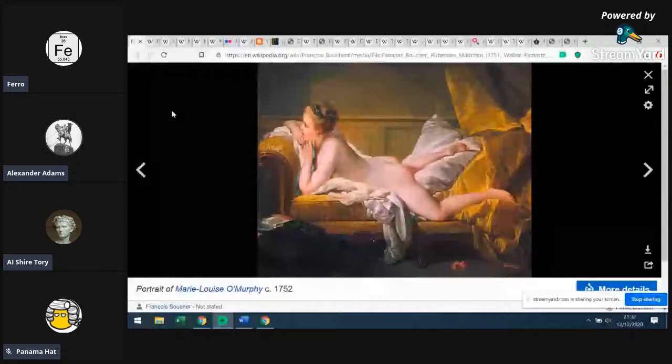So basically I included it as an example of the decadent phase of Rococo, which will be countered in the coming French Revolution, which happens in the 1780s and 90s.